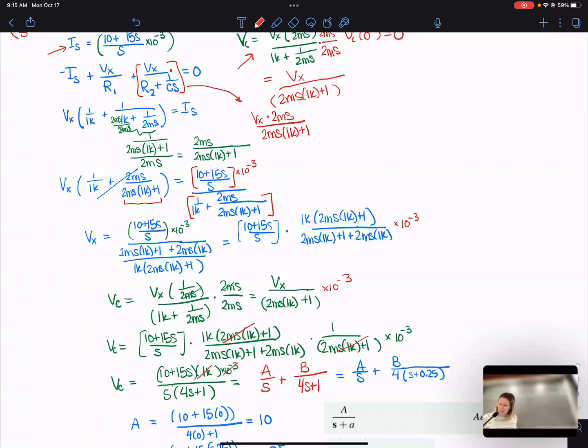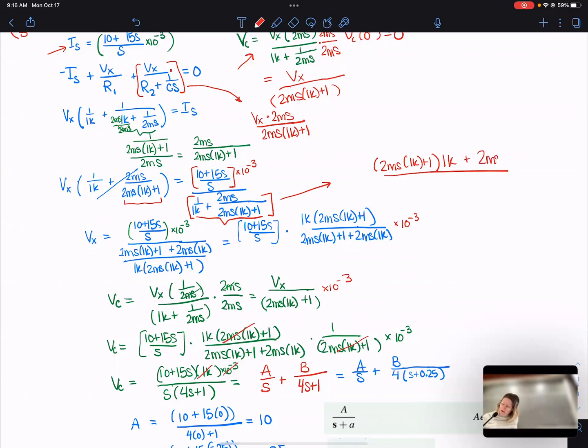So from here, I again combine the bottom. We'll take this part over here. In order to get a common denominator there, I have to multiply the one with the 1K by 2 milli S 1K plus 1. And then the 1K stays on that top.